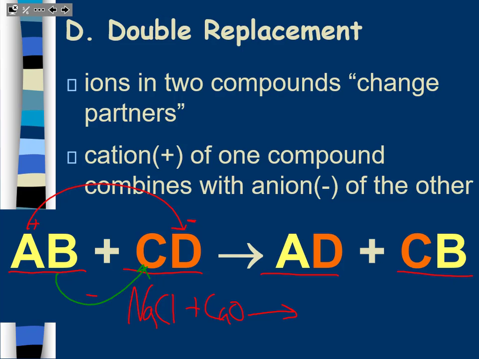So they'll switch and we end up with sodium oxide plus calcium chloride. Now we have to go back and balance it. So sodium was with the chlorine, now it's with the oxygen. Calcium was with the oxygen, now it's with the chlorine. That's a double displacement.